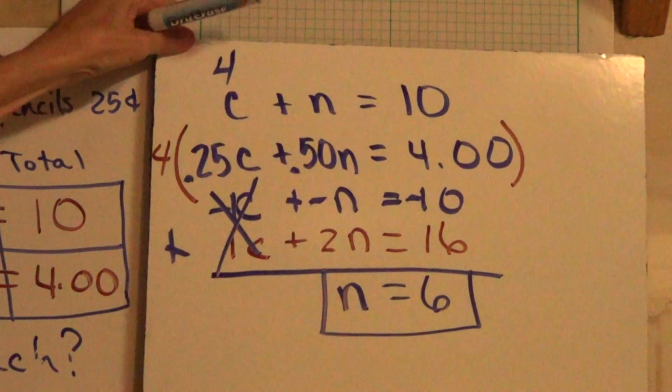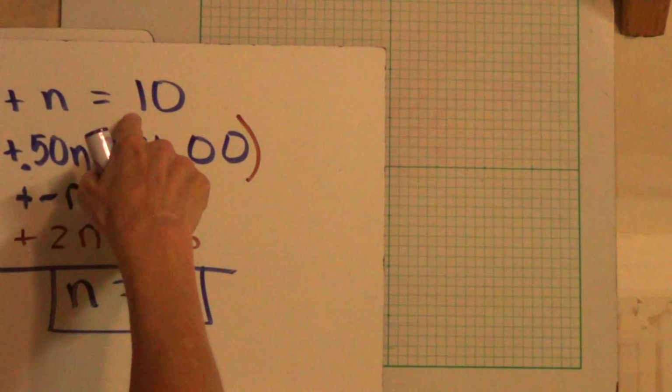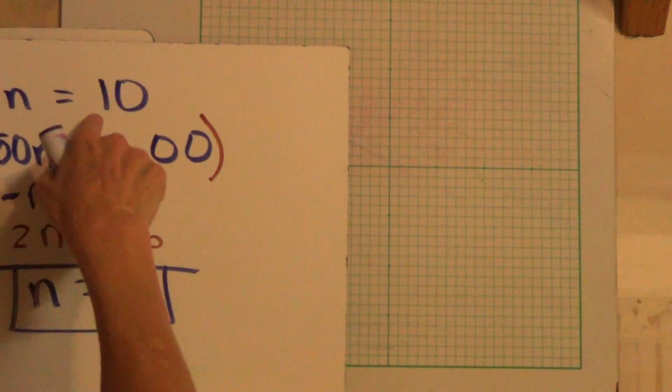Okay? Now let's do it by graph. Over here on the graph, C plus N equals 10.